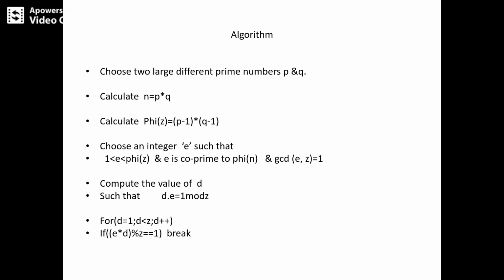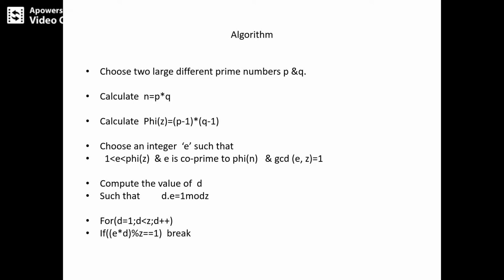So that is phi of z. The next step is to choose or select an integer, which we name e, such that certain conditions are satisfied.